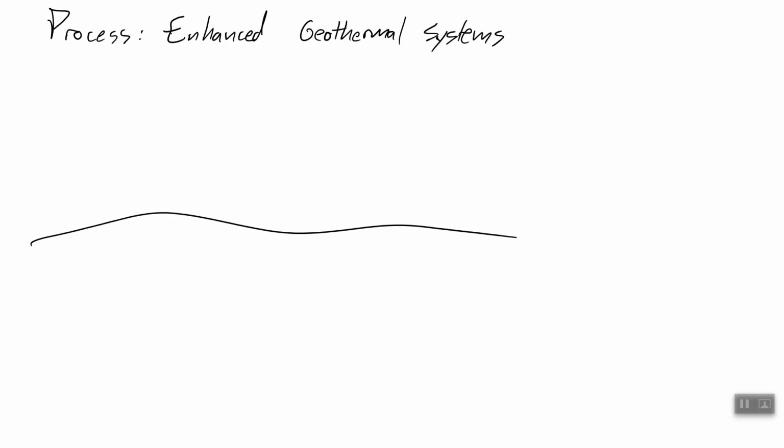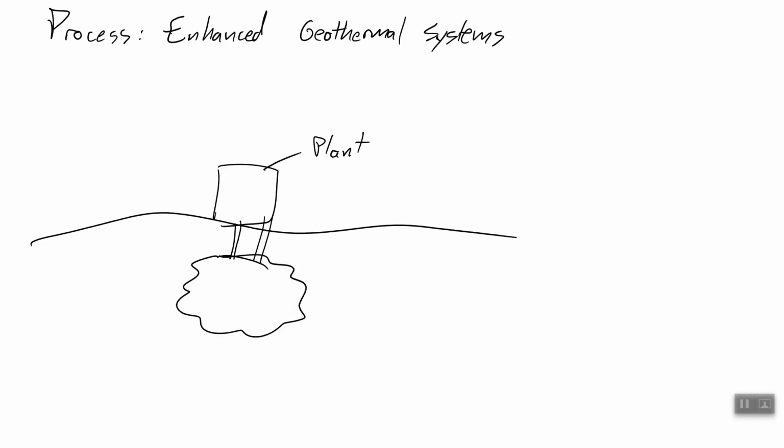Finally, I'm going to tell you about one process that's interesting. It has a few different names. The name I will use, because it's the one people want to use now, is enhanced geothermal systems. Okay, so let's say we have some geothermal plant, which maybe in the past we didn't always put liquid back into reservoirs.